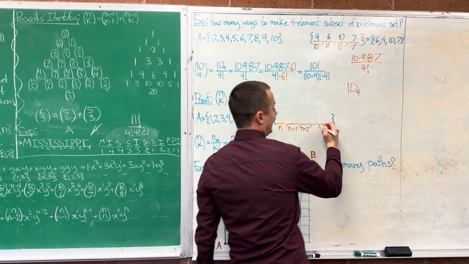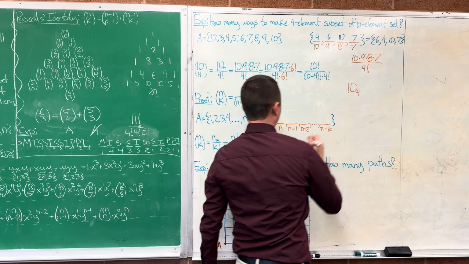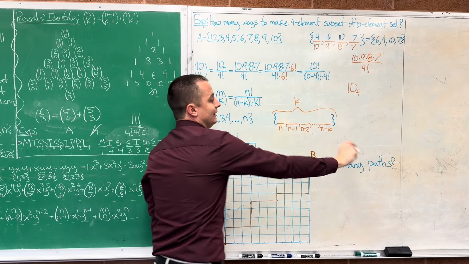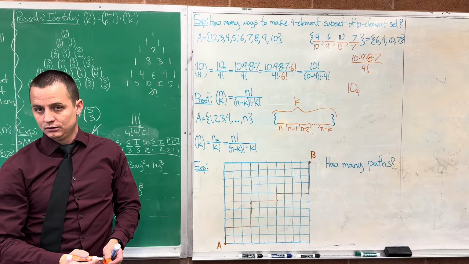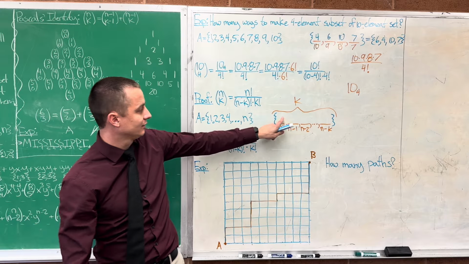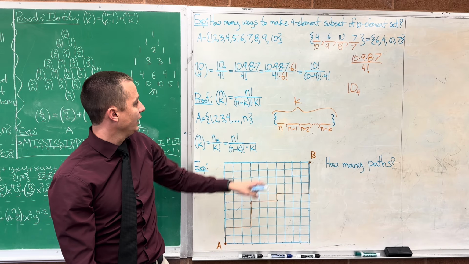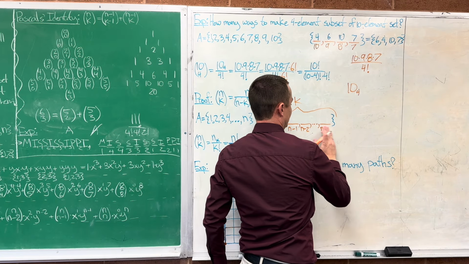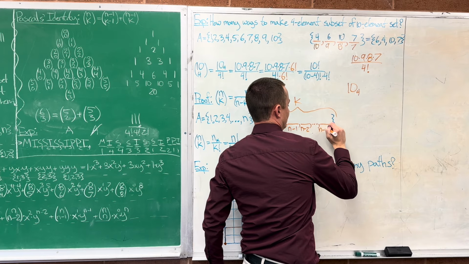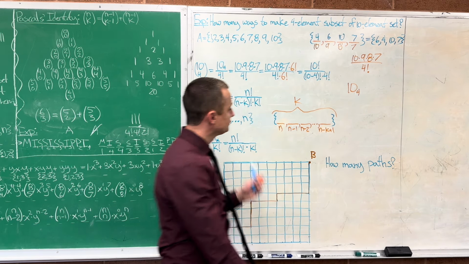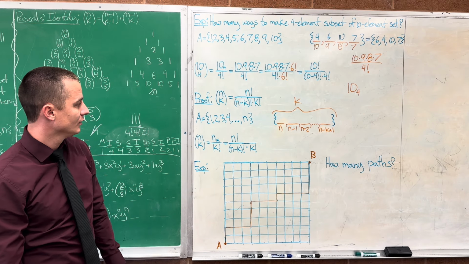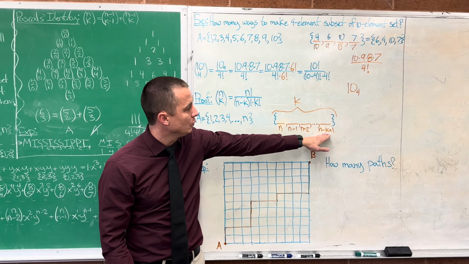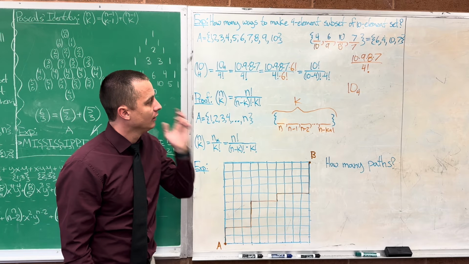N minus k, where k is how many things were in the set. If there's one thing in the set, oh wait, n minus k plus 1, right? It's always going to be one number higher.